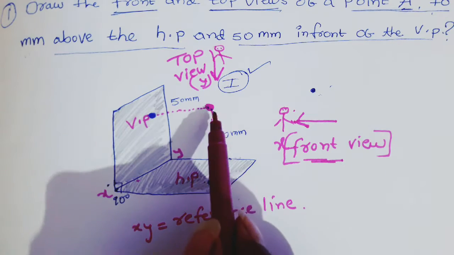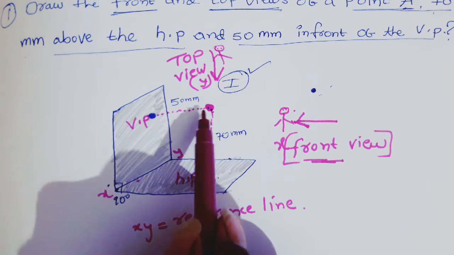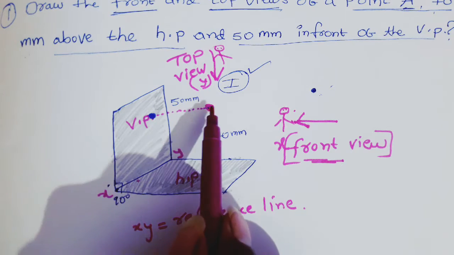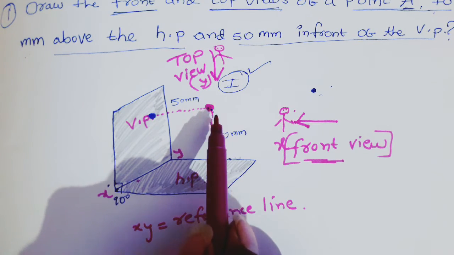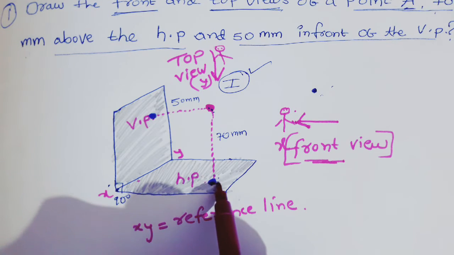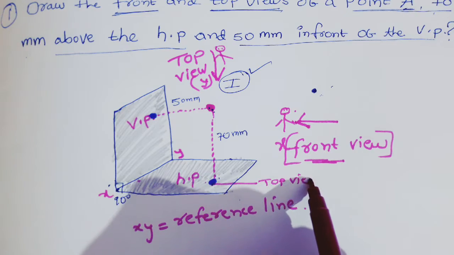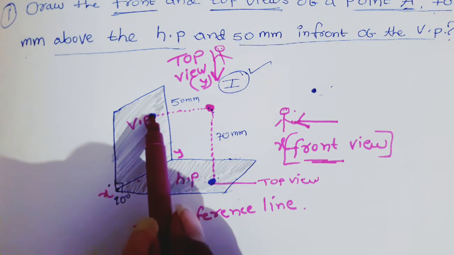The image of the point will be projected on HP, so this one is called the top view, and this one is called the front view.